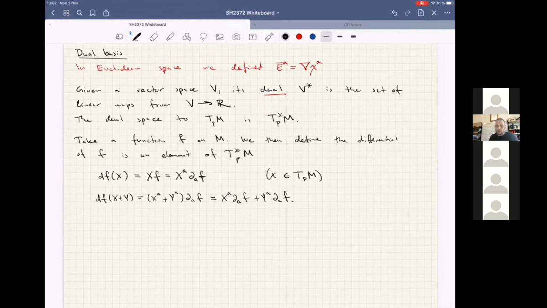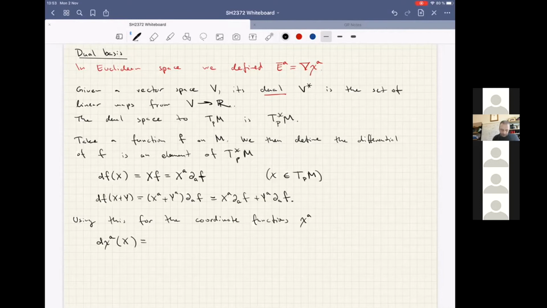So what we are going to do is use this for the coordinate functions, which were chi a. We get that the differential d chi a acting on a vector x, well, let's expand x in terms of the tangent vector basis.